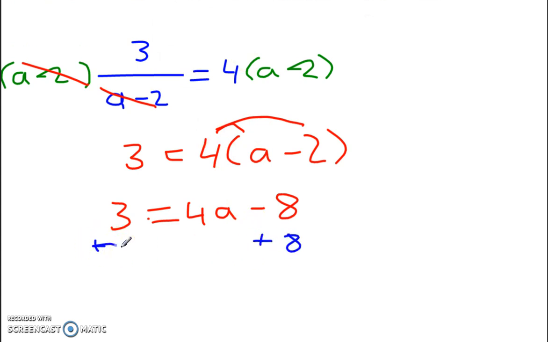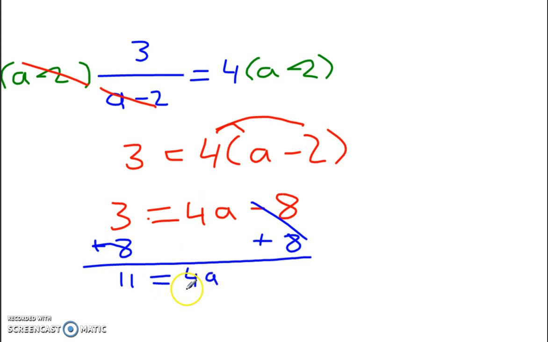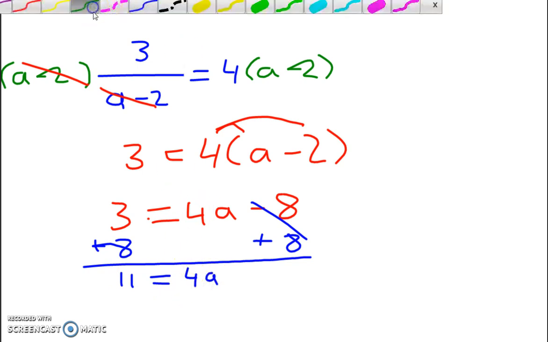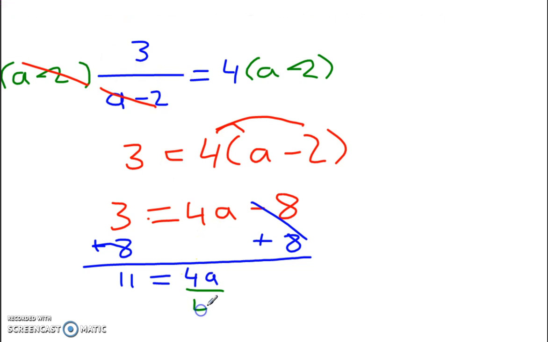We get 11 equals 4a, and now divide by 4 on each side. We get a equals 11 fourths, or 4 goes into 11 two times, with a remainder of 2 3/4. Okay.